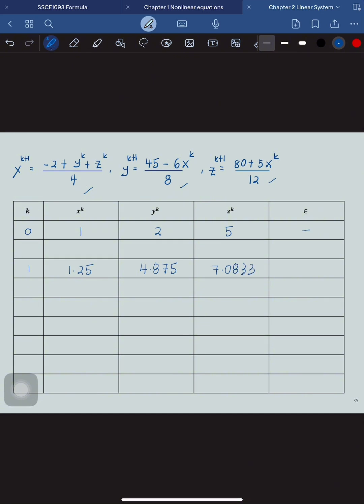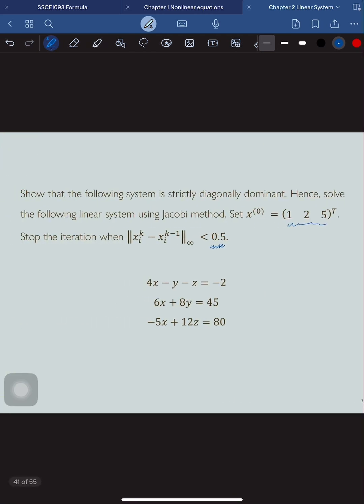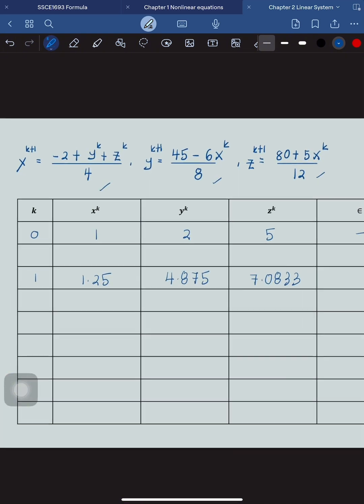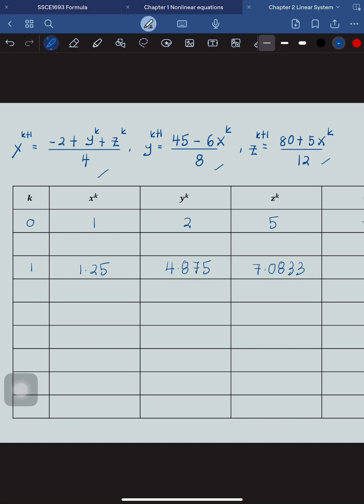So the answer is 7.0833. Okay, and then for the stopping criteria we use the maximum norm. This is the maximum norm, which means the maximum error. So 1.25 minus 1, your answer will be 0.25.